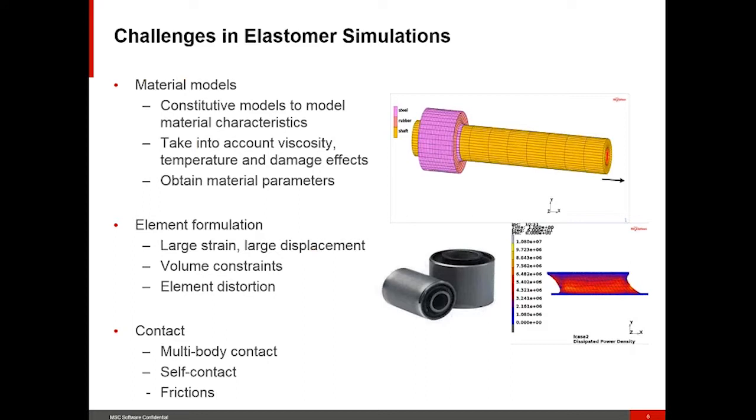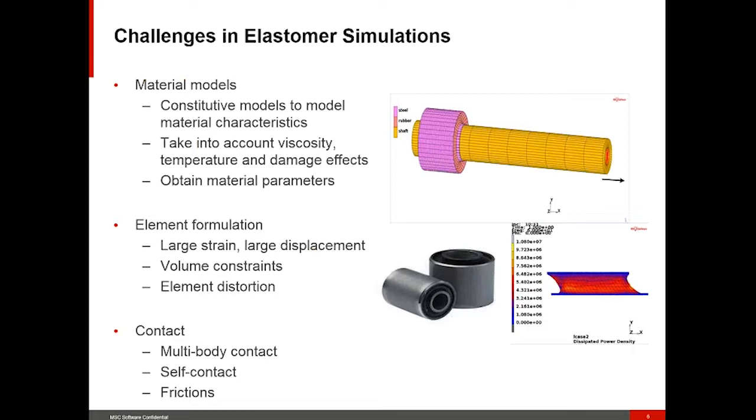And here are the three major challenges when we simulate packer seals with elastomers. First, unlike metal materials, usually there are no published material properties or FEA simulations available for rubber materials.